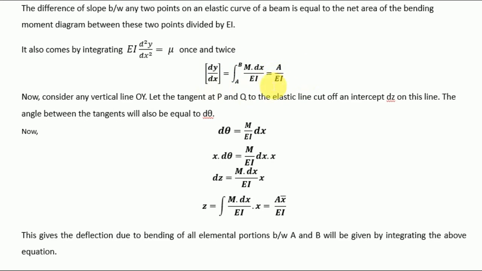To find the slope, we have the formula A upon EI, where A is the area of the moment diagram, and to find the deflection between two points on the deflected elastic curve of the loaded beam, we have A x bar upon EI, where A is the area of the moment diagram, and x bar is the distance from one point or a base point in the beam to the moment area's center of gravity.